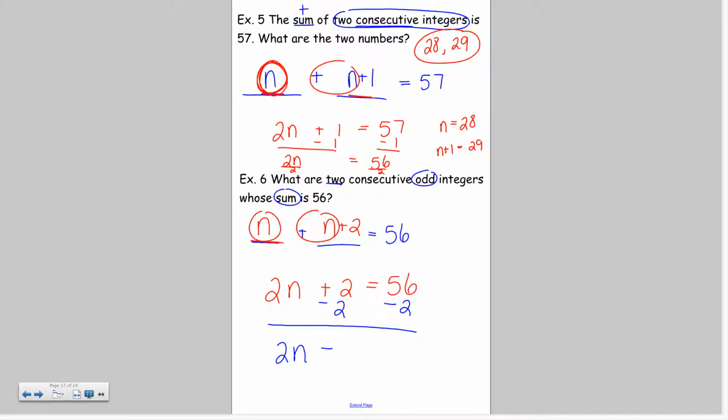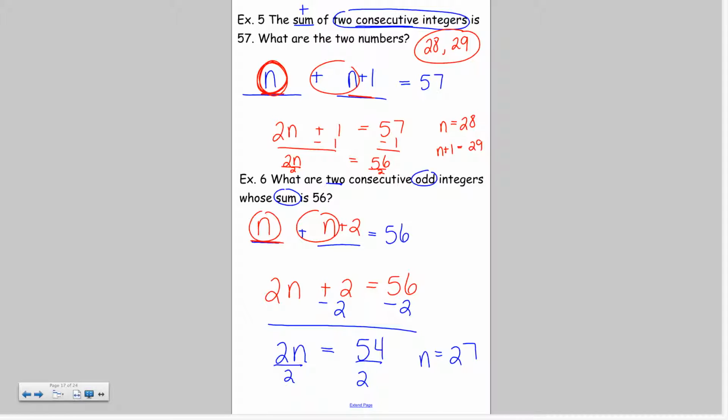And I have 2n equals 54. So when I divide by 2, I should get that n is 27.